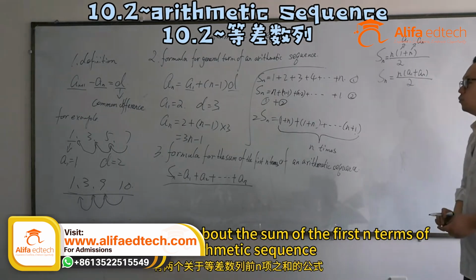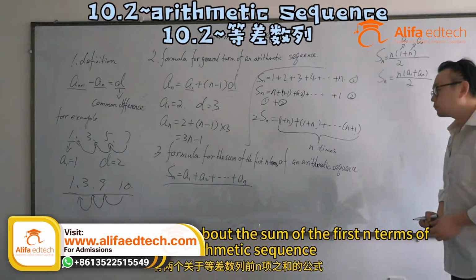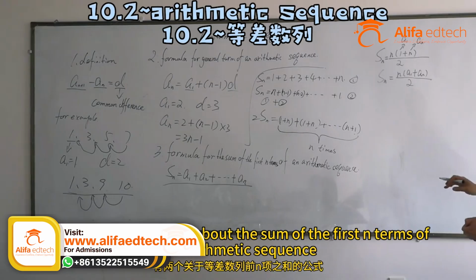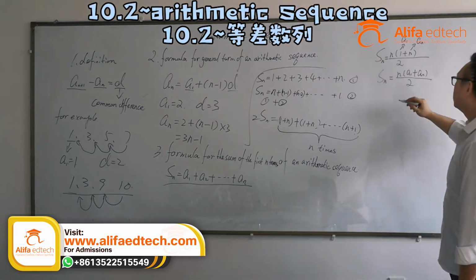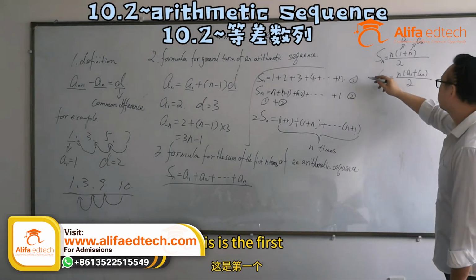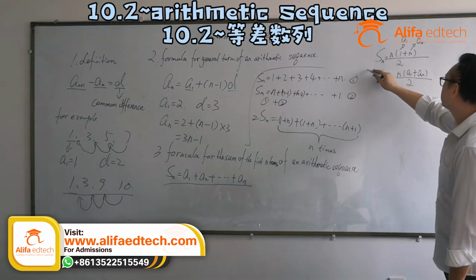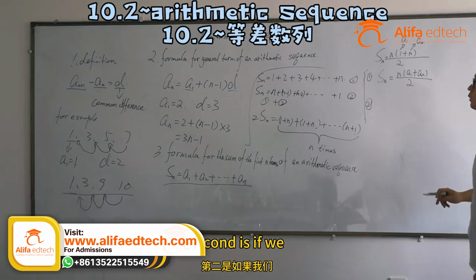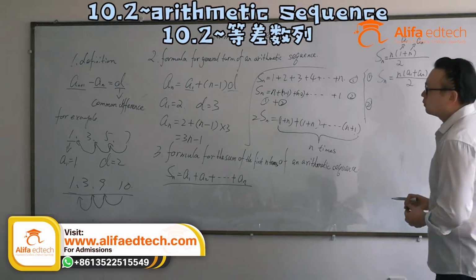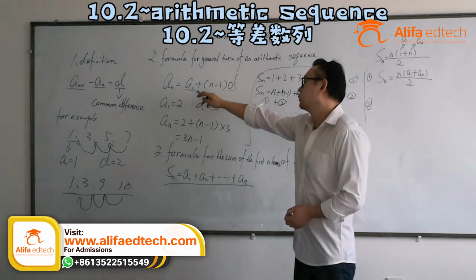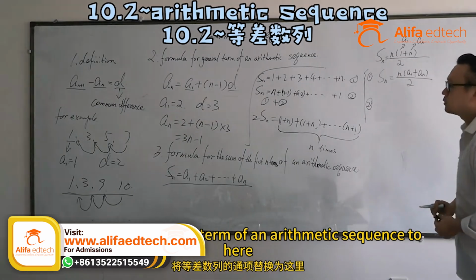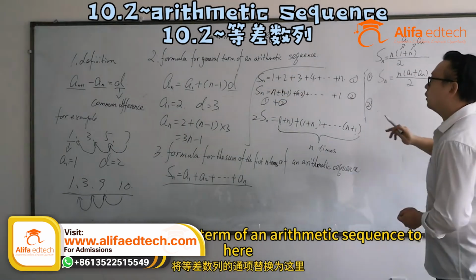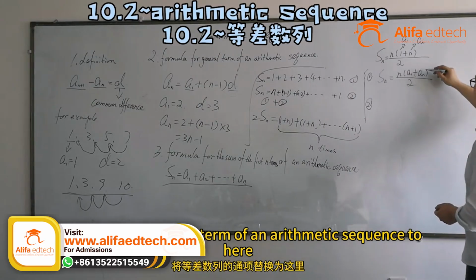Actually, there are two formulas about the sum of the first n terms of an arithmetic sequence. This is the first. Second is if we substitute the general term of an arithmetic sequence to here.